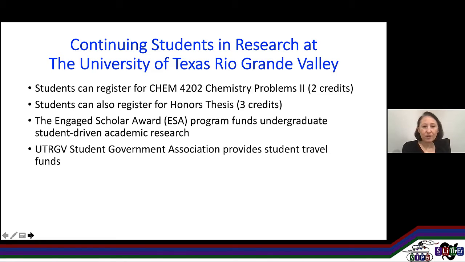We also have Student Government Association travel support. So if they go to the ACS meetings, or we have Texter in Austin, if they want to go to more local state of Texas conferences, they can travel to those as well. And other than this, for me, continuing students in research is probably not as big an issue as getting them started.